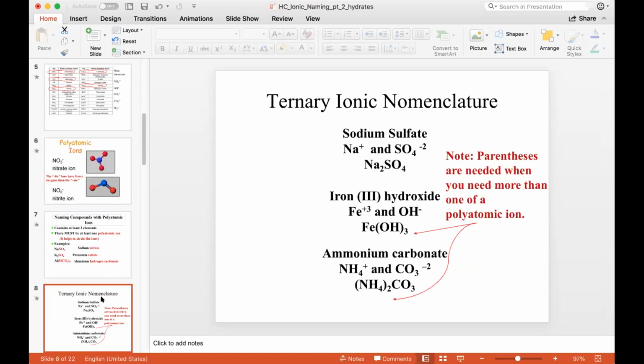So that's the naming scheme. You'll also see these polyatomic ion compounds referred to as ternary ionic compounds. So ternary refers to having 3 or more. There are different prefixes to mean 1, 2, and 3. 1 sometimes has the prefix uni or mono. 2 usually is bi or di.